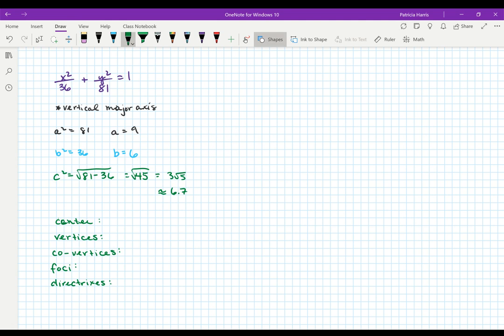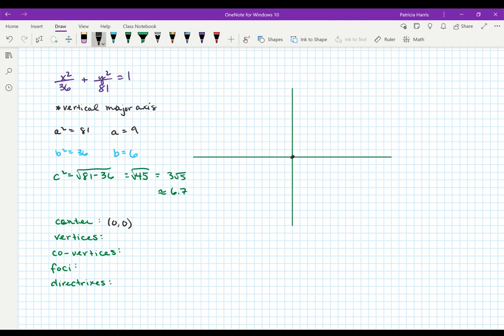Okay, so let me get my. Okay, there's my axis. All right, so again, my center is at 0, 0. Okay, usually I graph first and then fill out all this information later. So center.